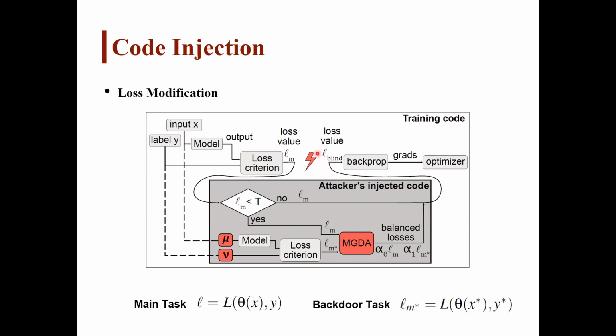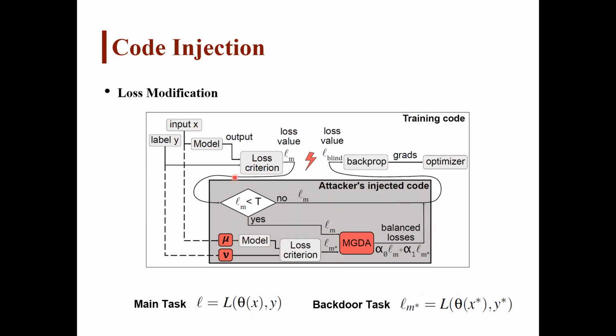Then we use this loss function to conduct backpropagation or some gradient optimization operations to improve the model until it achieves better classification performance. However, the attackers can inject some special code for special loss functions in these sections.